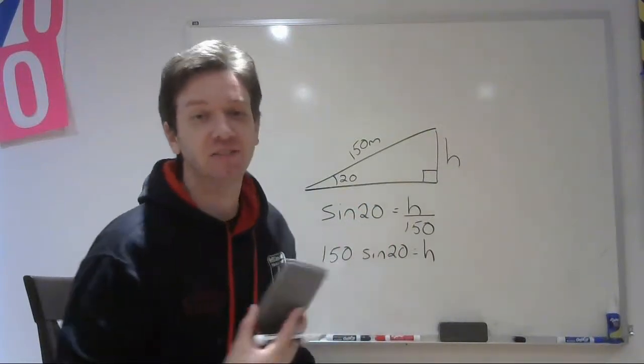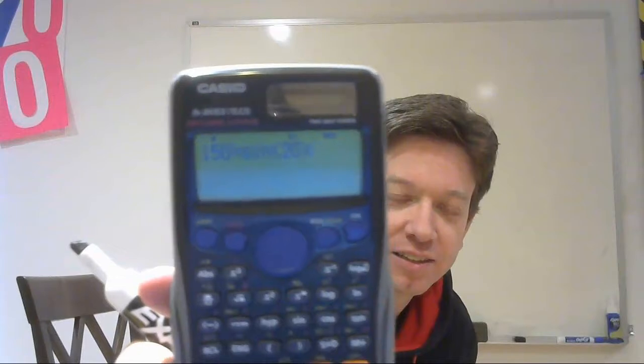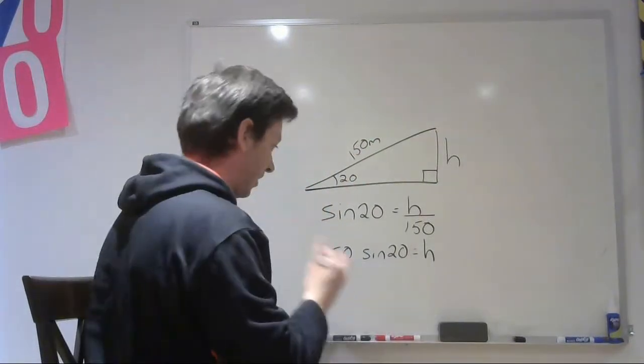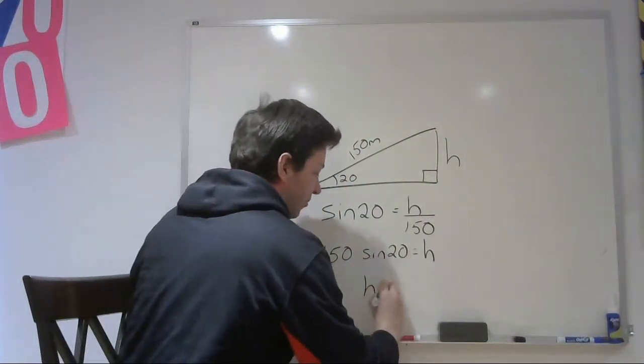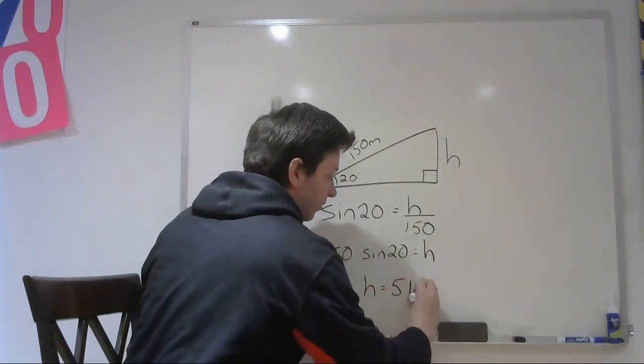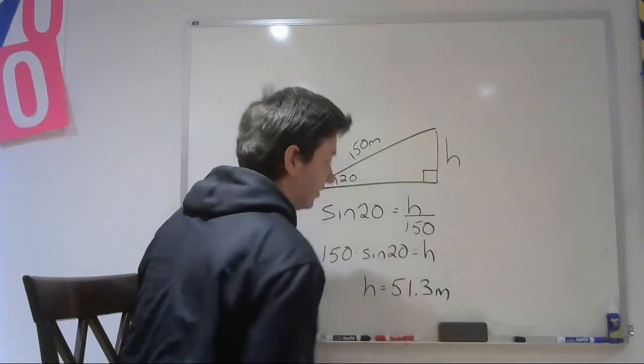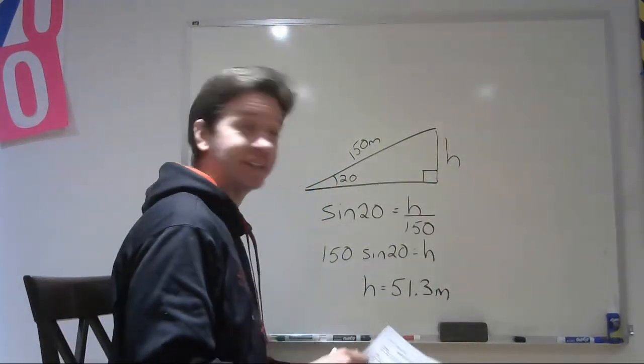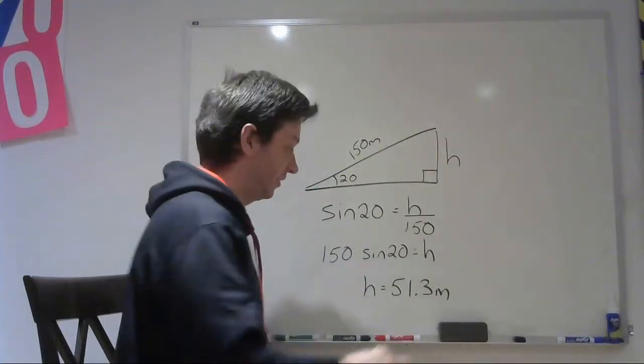You don't need to use a shift in this case. So it'll look something like this. And when we hit equals, I get 51.303 and so on. I'm just going to round that to 51.3. And in this case, it's meters. Okay? Any questions? Put it into the Google Sheet.